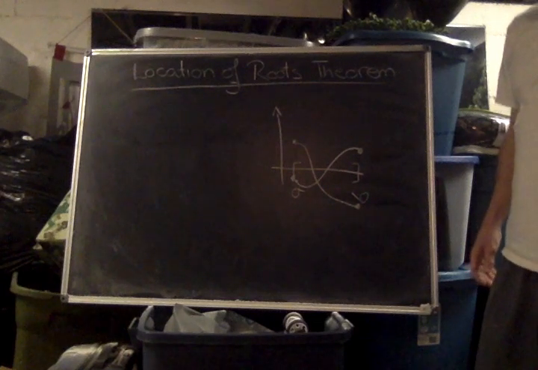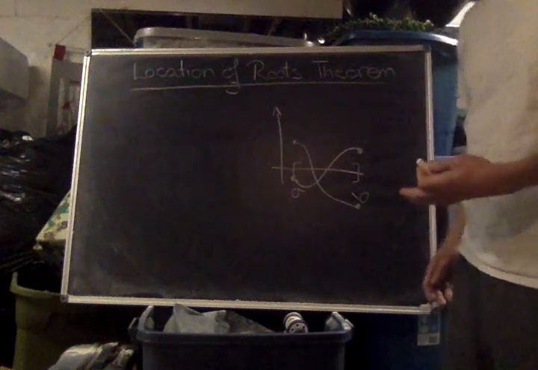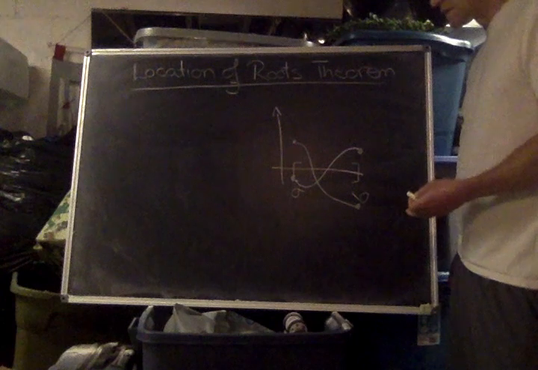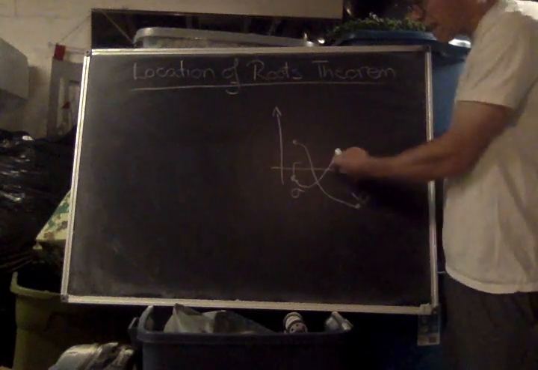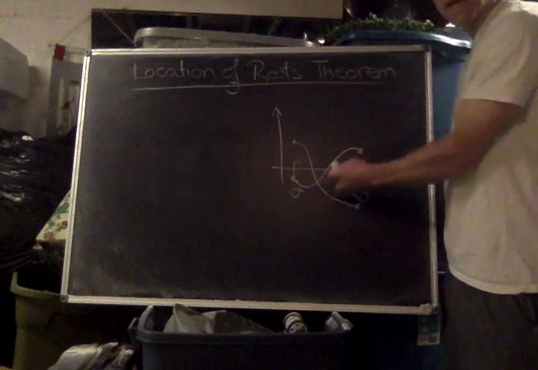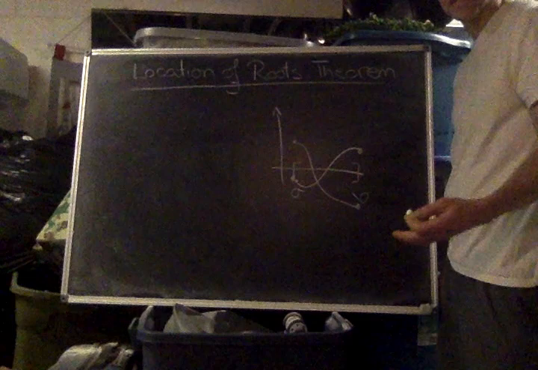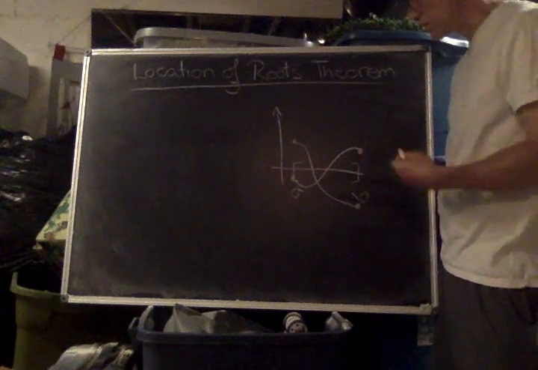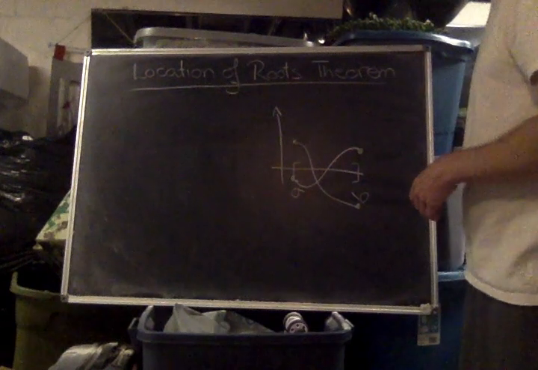Okay? And the point is that if you have either of these two situations, then evidently from the picture, and indeed in theory and practice, that function is going to have to cross the x-axis somewhere along the way. That's what continuity means. You can't take a break. You've got to hit every point on the way. And so that's what the location of roots theorem is going to say.